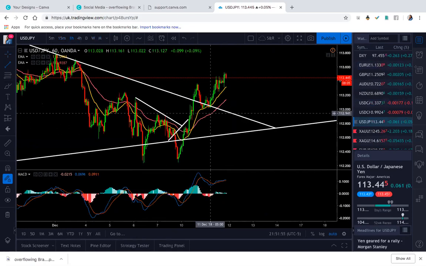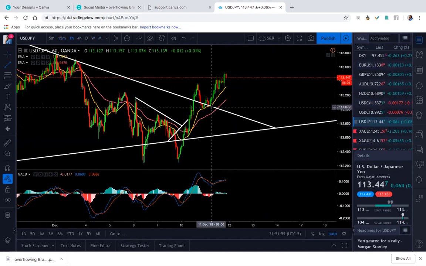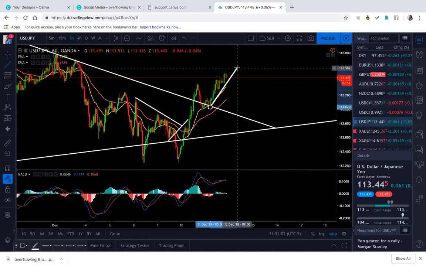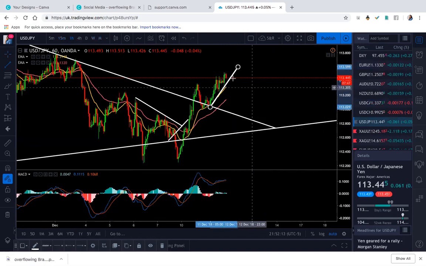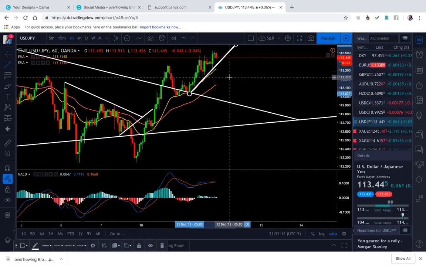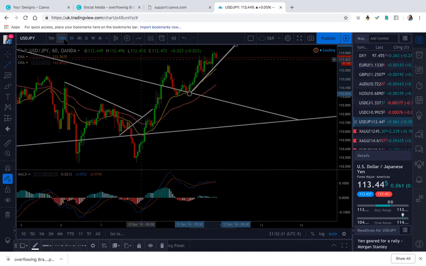Right? On the 1 hour time frame, you can even now put a trend line here. Right? So come down to the 15-minute.